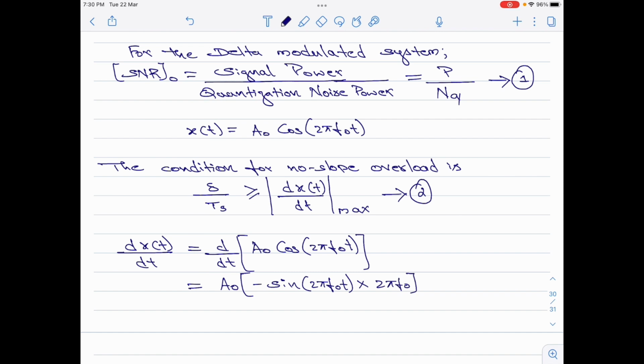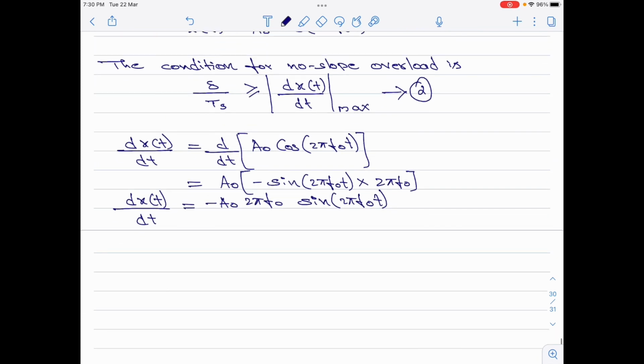So, dx of t by dt now reduces to minus A naught 2 pi f naught into sine of 2 pi f naught t. Now, looking at the right-hand side of the equation, what we require is the maximum value of the magnitude of dx of t by dt.